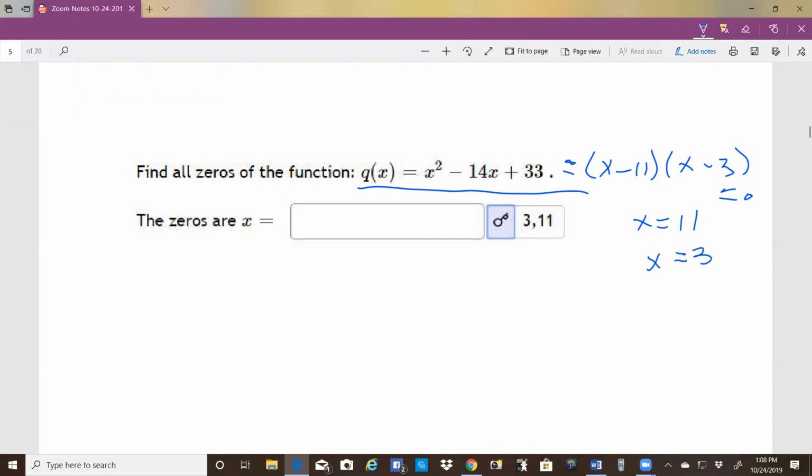But if you didn't remember how to factor, you could always use the quadratic formula, which will always work.